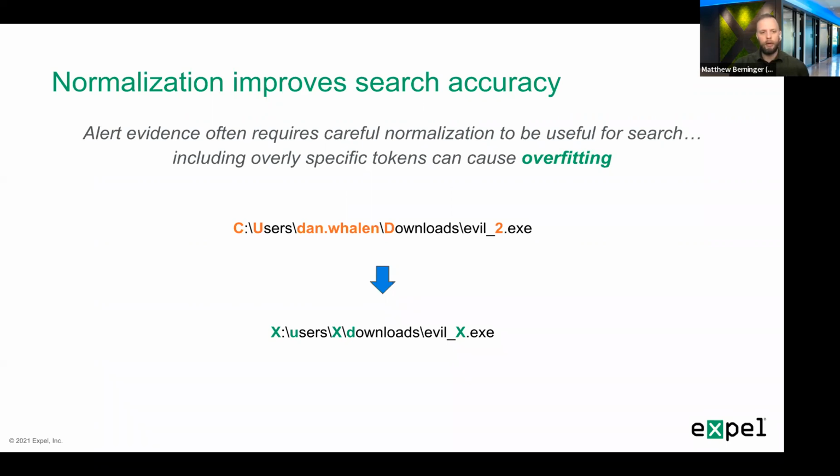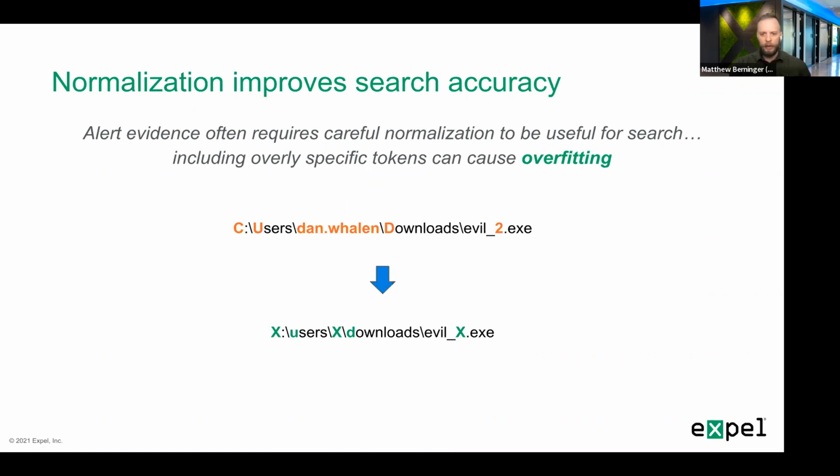So we've gone over a couple different normalization examples, but here's another one. We do a lot of this where we look at these different artifacts, whether it's a file path, or even, you saw the user agent in a previous slide. So we have these complex, rich data fields. These data fields contain a lot of really useful information, but they also contain information that needs to be normalized out.